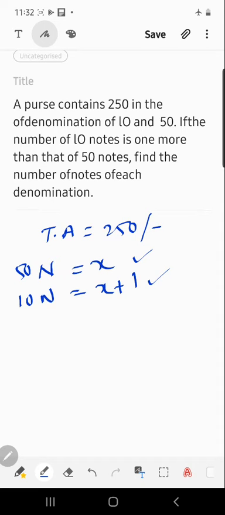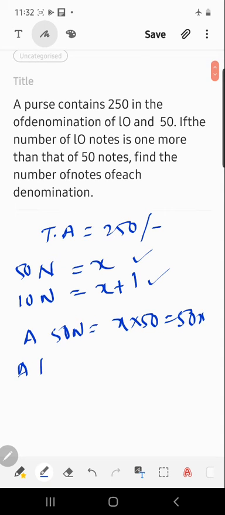The amount of 50 rupees notes is the number of notes into 50 rupees, so x into 50, that is 50x. This is the amount of 50 rupees notes.